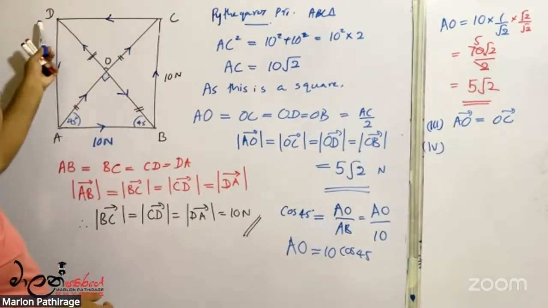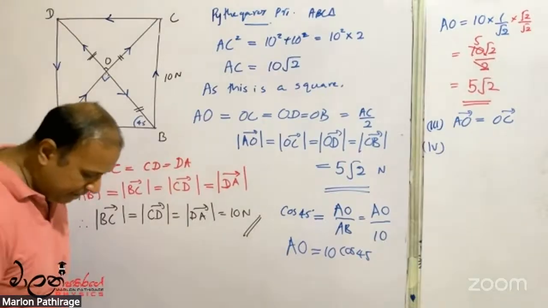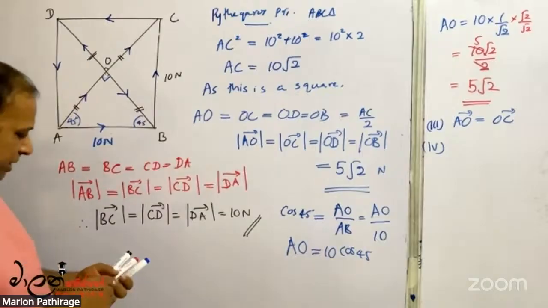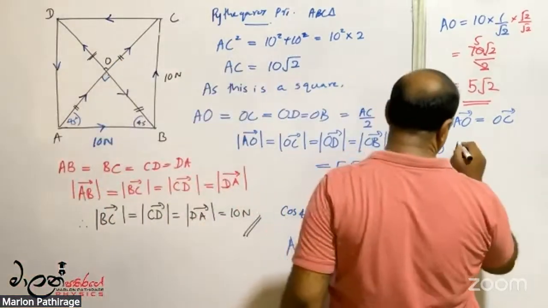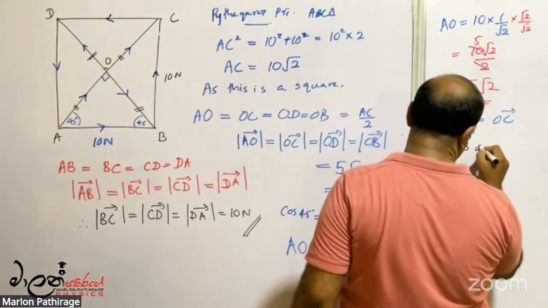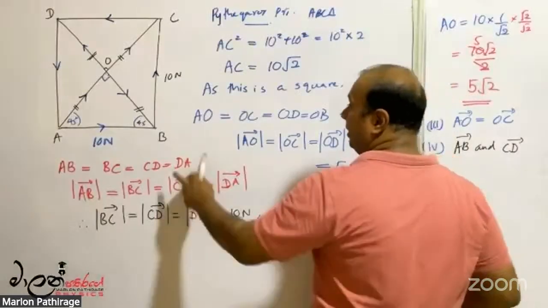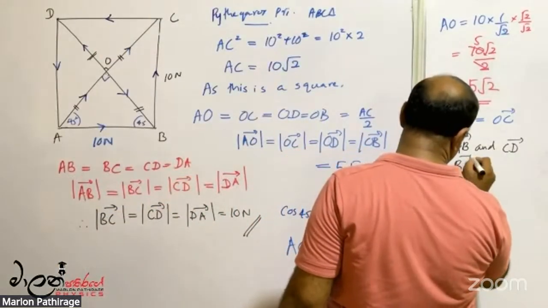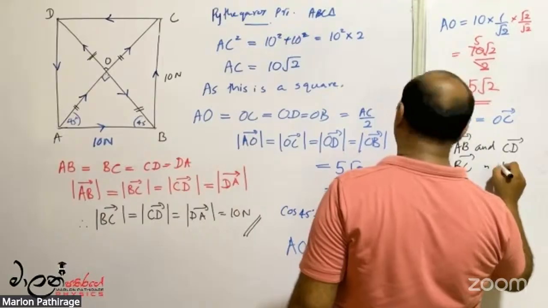AB and CD, there is one pair. AB vector and CD vector are in opposite directions. Then BC vector and DA vector, there is another pair.